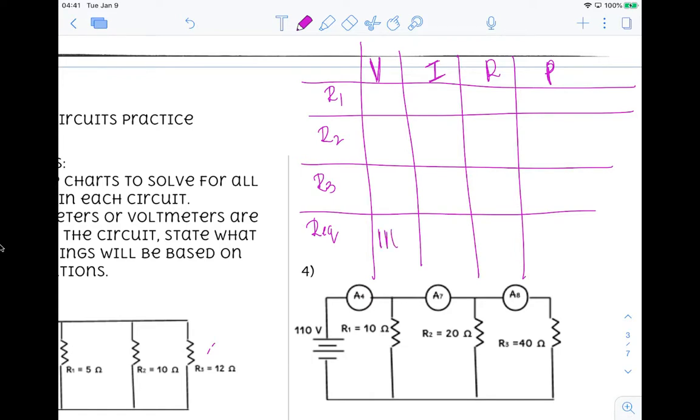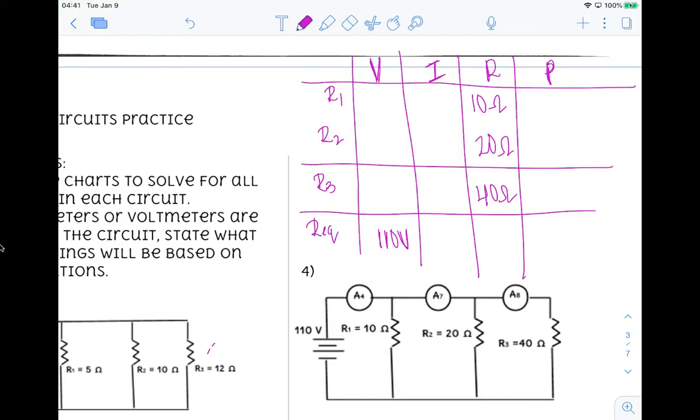We have 110 volts total. We have 10 ohms, 20 ohms, and 40 ohms for each individual resistor. I know that this is a parallel circuit, so I can go ahead and fill in all of my voltages here. They're all going to be the same.